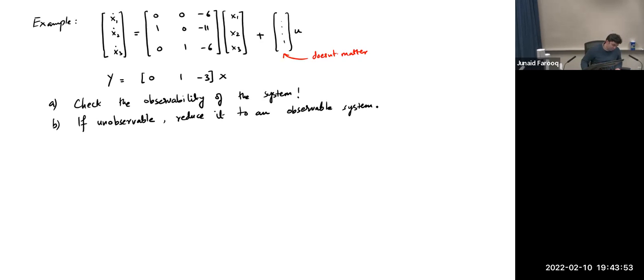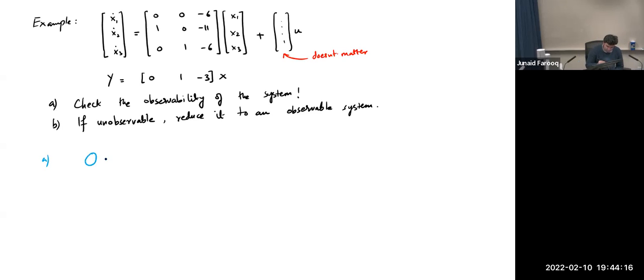That's typically what we want to do when this sort of situation is encountered. I think one thing is clear, that we first have to do the determination of observability.